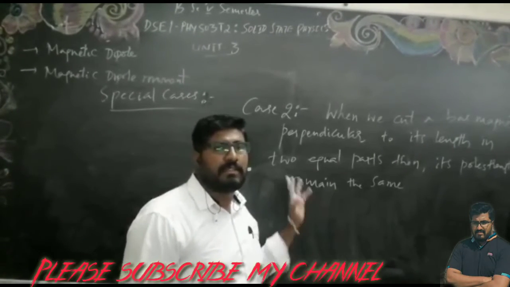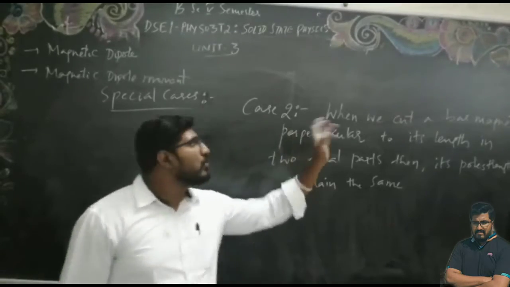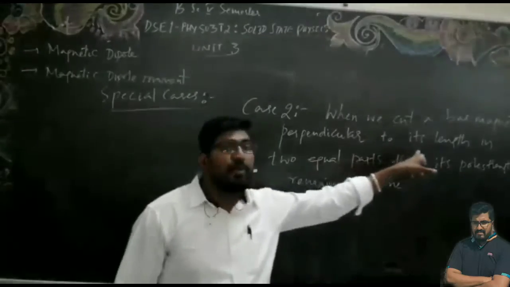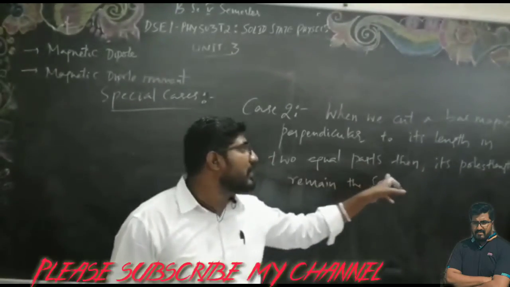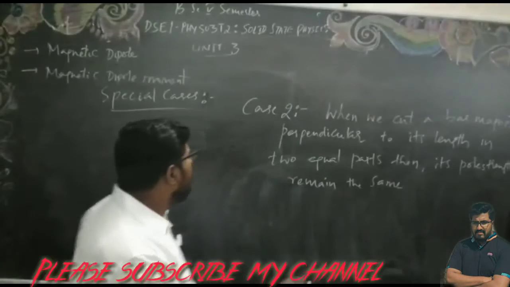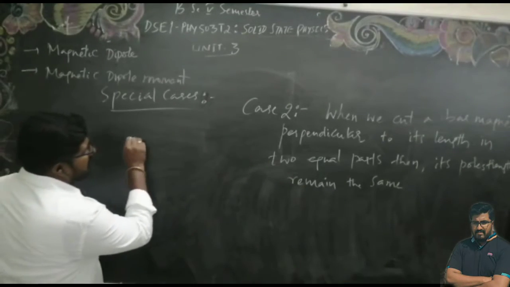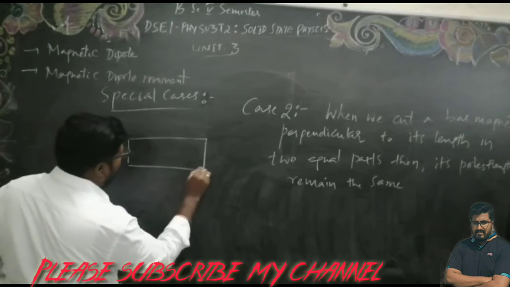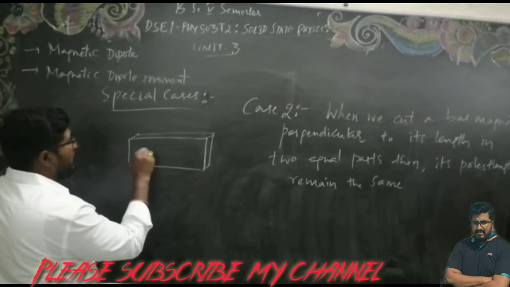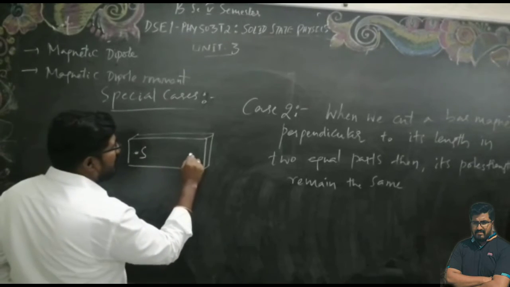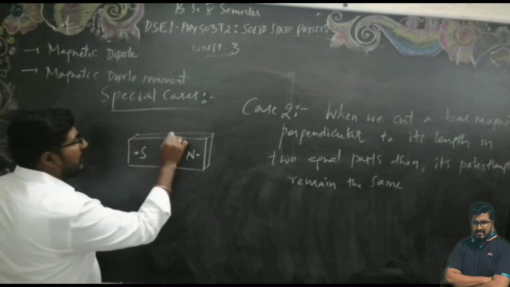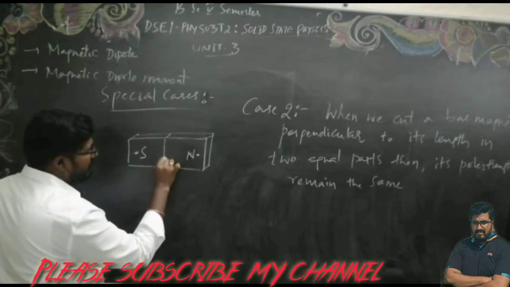So in the special cases, case 1 we have studied. Now case 2: when we cut a bar magnet perpendicular to its length in two equal parts, then its pole strength remains the same. This is the second case. That means if I consider a bar magnet with south and north.